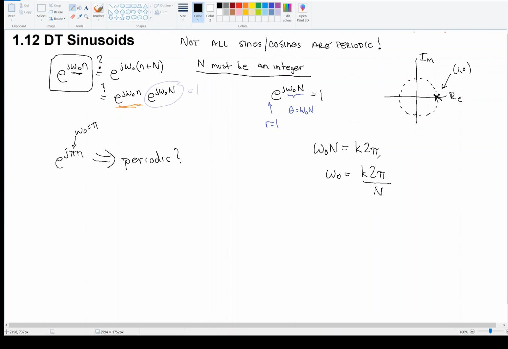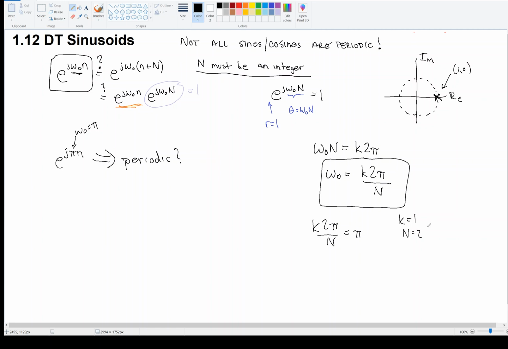All right, so box this equation: are there integers k and N such that k 2 pi over N is equal to pi? Yes, there are integers. So I can choose k equals 1 and N equals 2. And then I have it. Right?